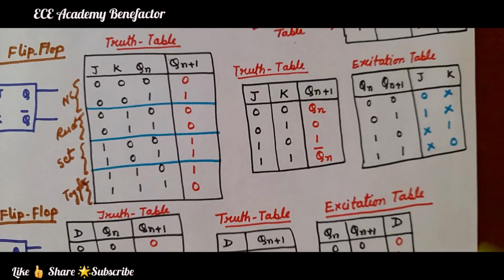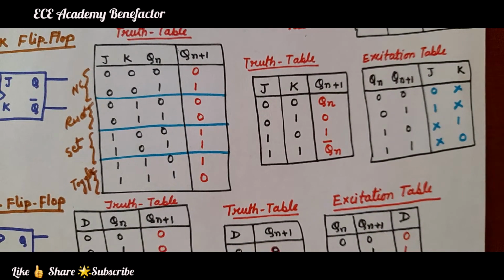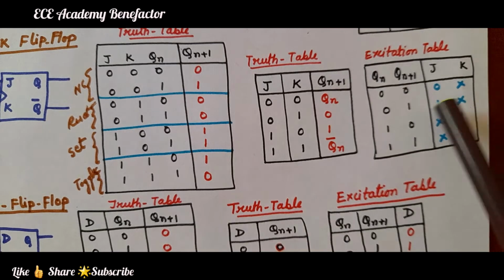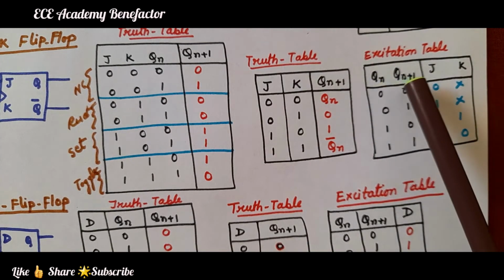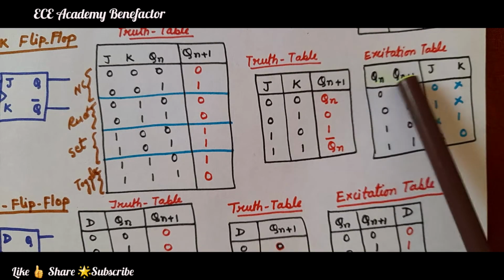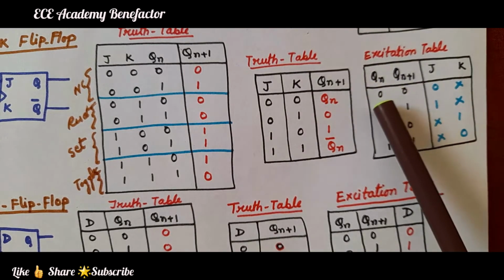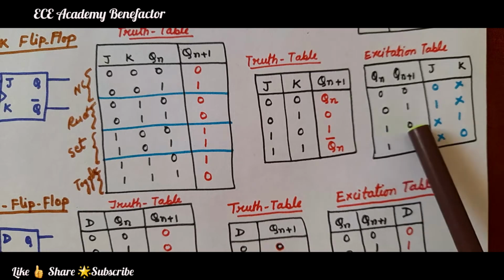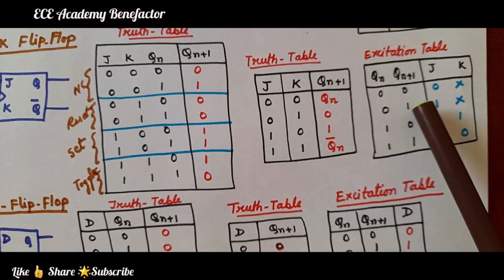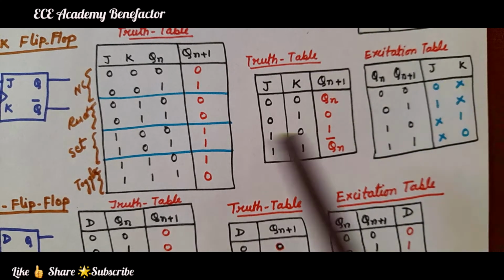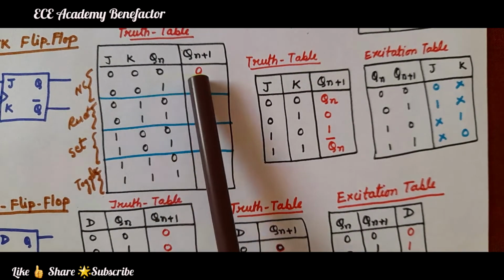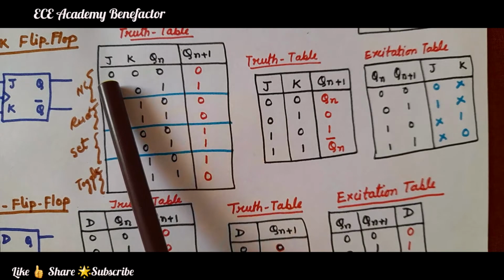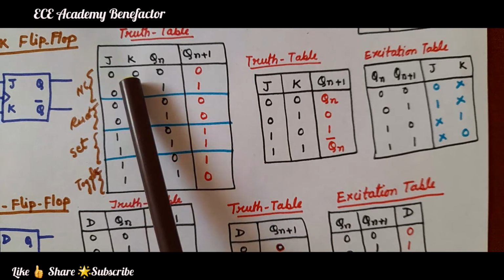Coming to the excitation table of the JK flip-flop, it is written for two variables, Qn and Qn plus 1. For two variables, there are 4 combinations: 0 0, 0 1, 1 0, 1 1. So here we can see, for the 0 0 combination, what is the state of JK? It is also 0 0.